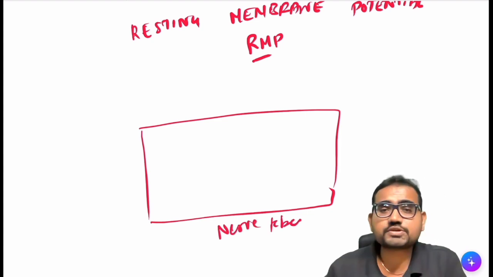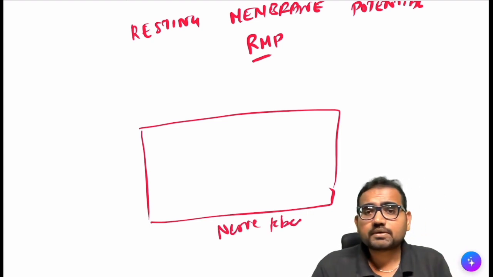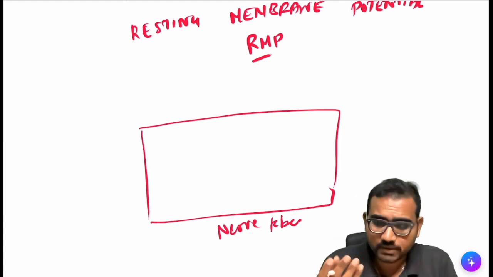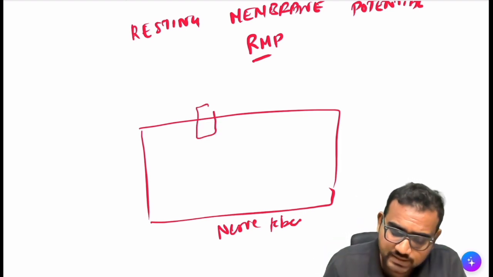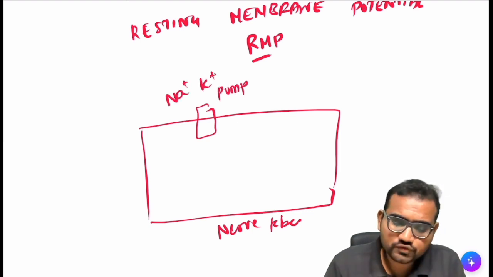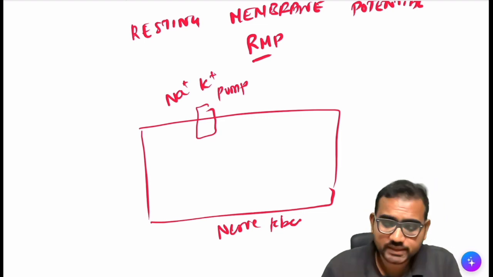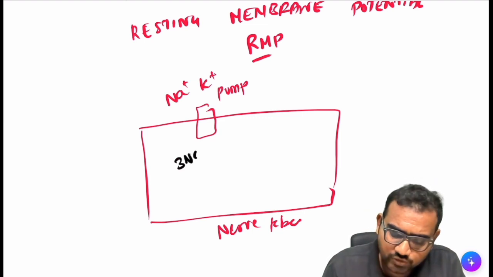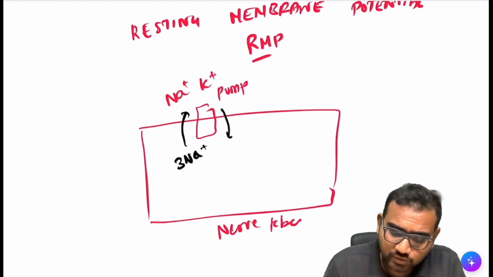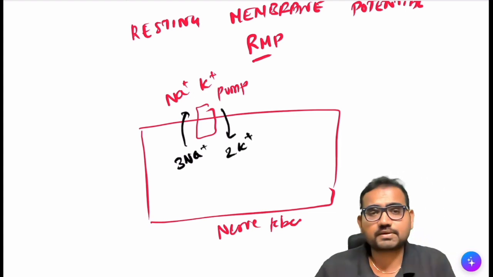In the membrane there is something called the sodium potassium pump. The sodium potassium pump brings 3 sodium ions outside the cell and 2 potassium ions inside the cell.